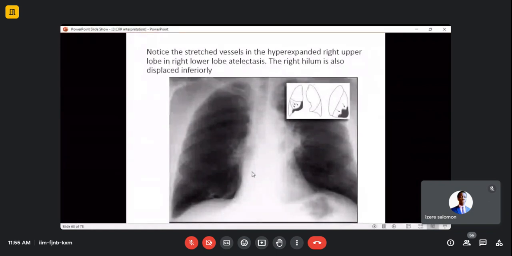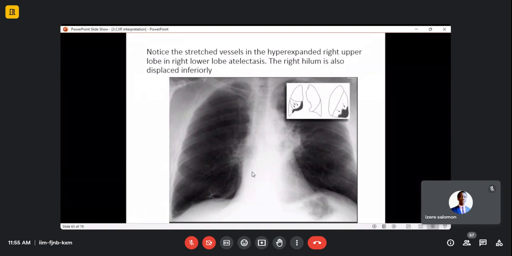Even me personally, if I see this, I will not report it immediately as a right lower lobe collapse. I will immediately request the lateral view, for sure. And the lateral view will show it very well. But I still suspect right lower lobe collapse due to the findings I have seen. Okay.